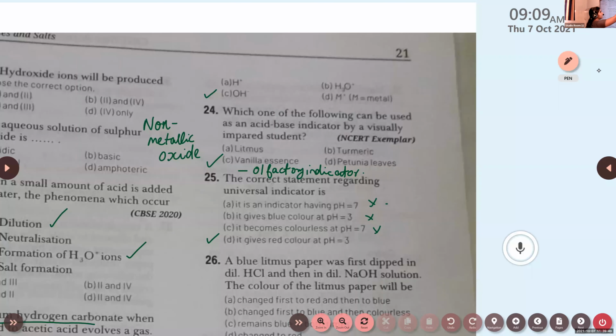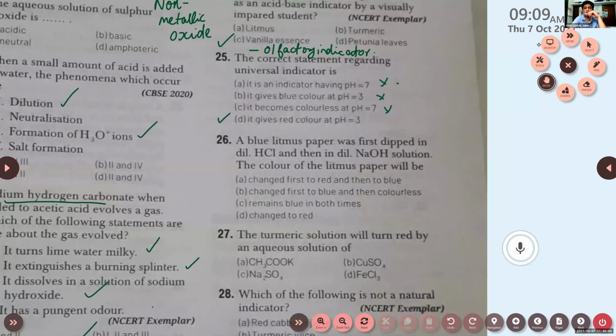John Samuel, can you read? Yes, ma'am. A blue litmus paper was first dipped in dilute HCl and then in dilute NaOH solution. The color of litmus paper will be: option A, changed first to red and then to blue.